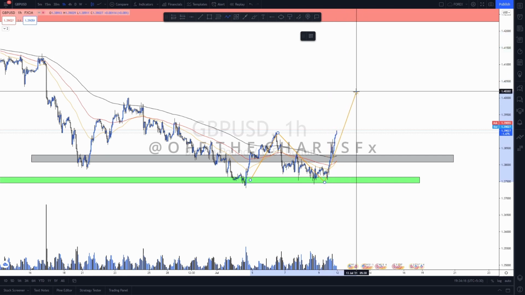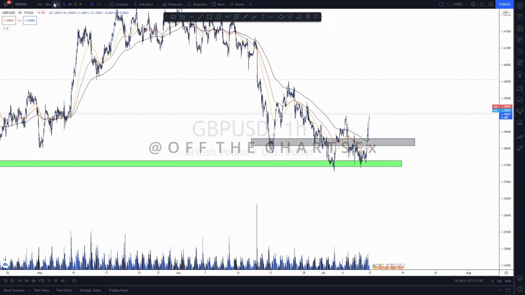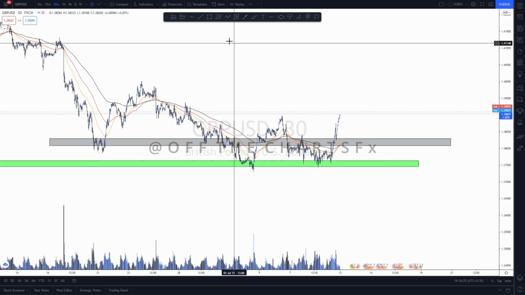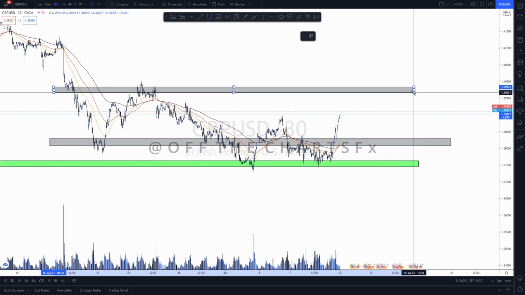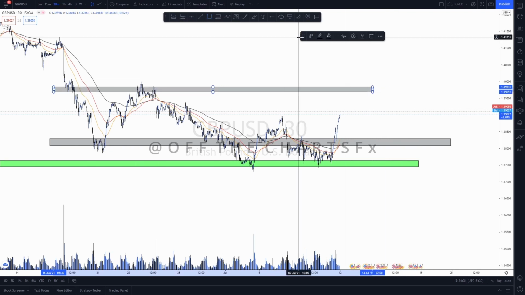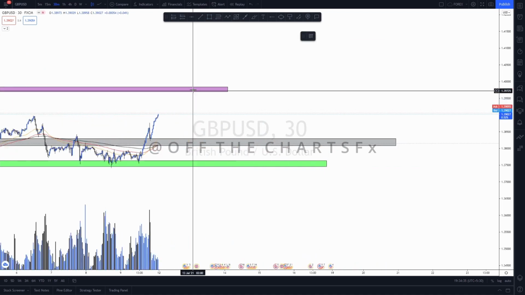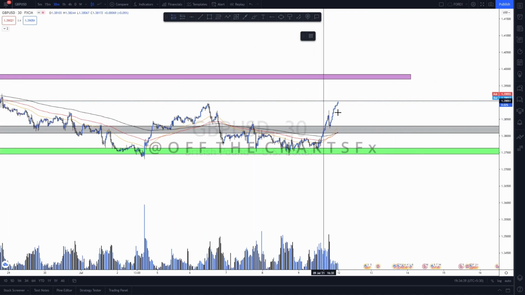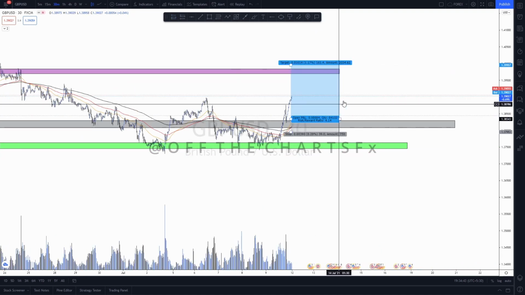Alright, so my bias in GU is for the long side, which I can clearly see. So what will be my target expectancy, which will be around this zone. So my bias is going for the long.